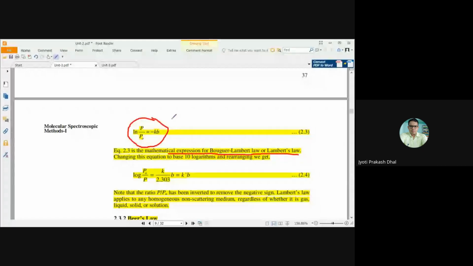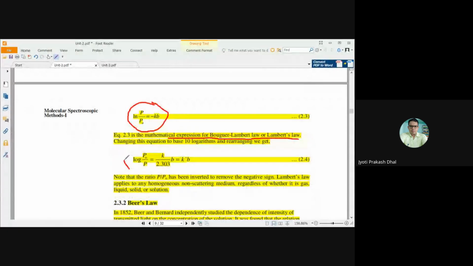Changing the equation into logarithm, log P naught by P equals k by 2.303 b. When ln changes into log base 10, you have to multiply by 2.303, and that 2.303 will come to the right hand side and be divided.